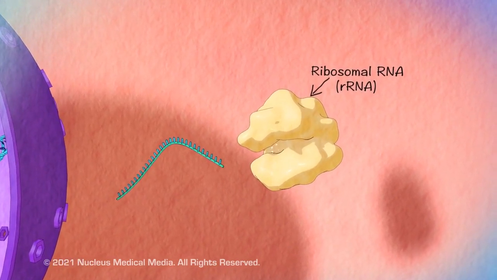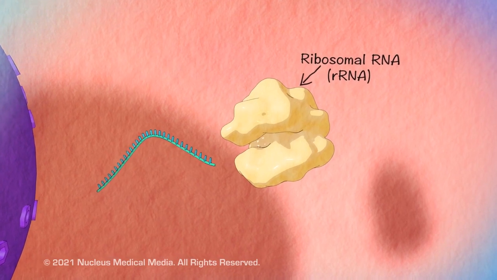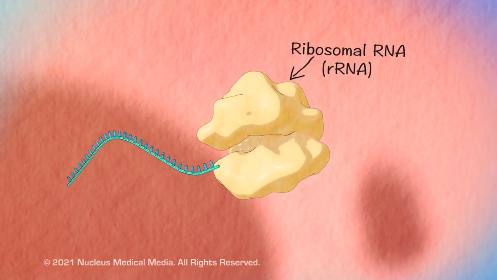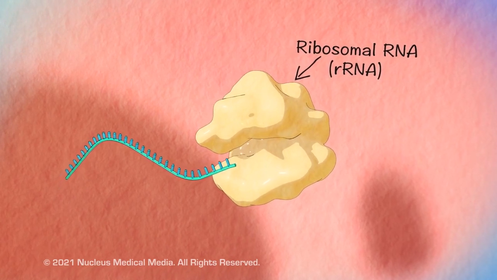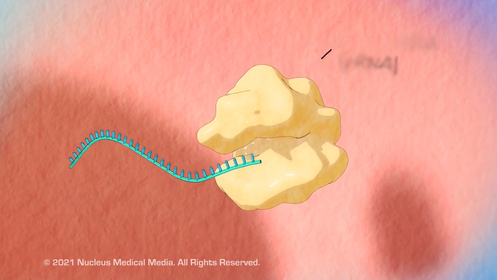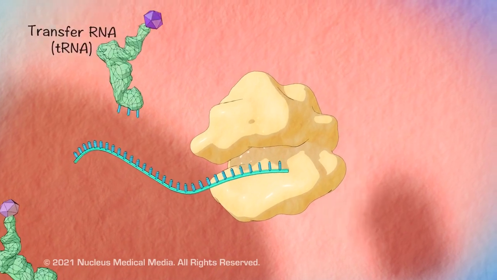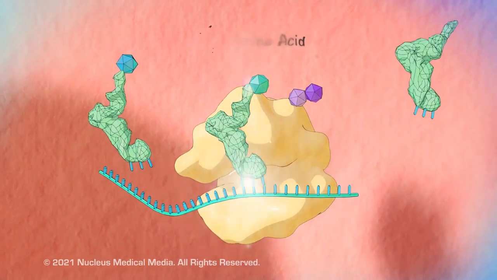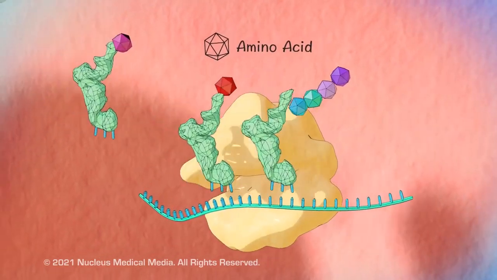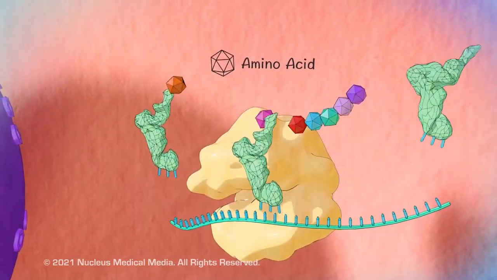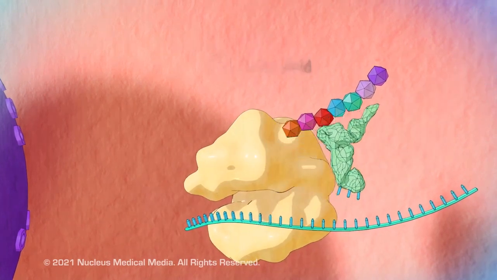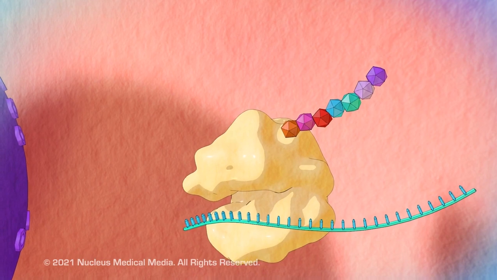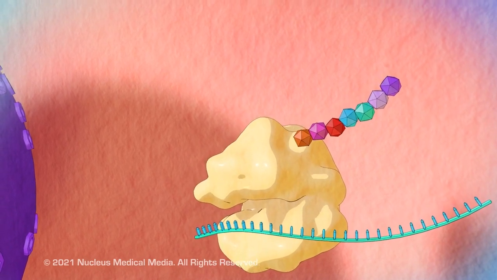The ribosome, which is made out of ribosomal RNA and proteins, is the site where this recipe is read and translated into a protein. Finally, transfer RNA in the cytoplasm brings specific amino acids to the ribosome so that the particular protein encoded by the recipe can be made. We'll cover more detail about the way DNA and RNA make proteins in another video.